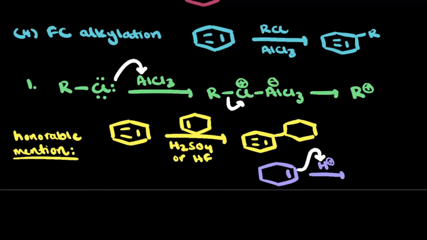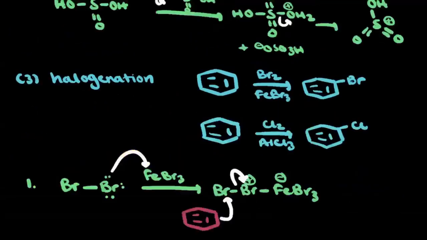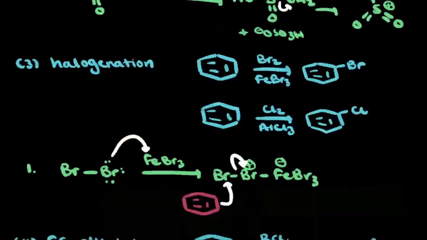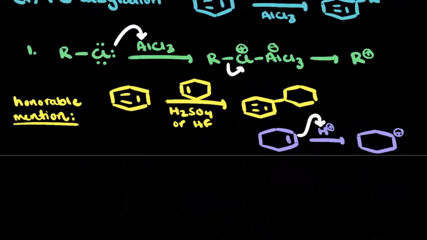They're both non-nucleophilic acids. And then you'd end up forming a cation, which will be the electrophile that you will use for the next step. It's a bit of a lesser known reaction, but it applies the same principles as Friedel-Crafts.